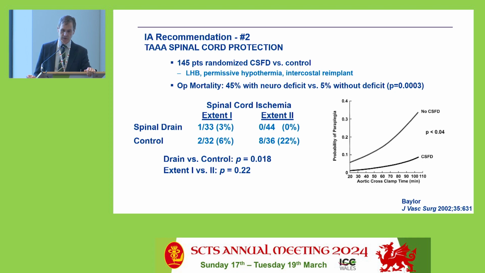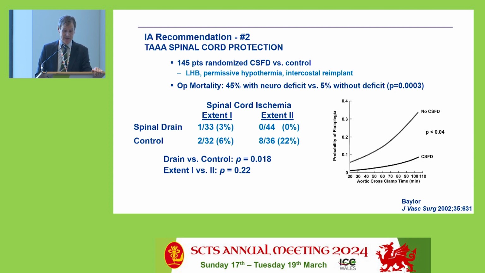Here was a study from Caselli in the early 2000s, where we looked at 145 patients that were randomized to drain versus no drain. They all had left heart bypass, permissive hypothermia, and intercostal reimplantation. They found that the operative mortality was 45% if they did have a paralysis event versus 5% without a deficit.